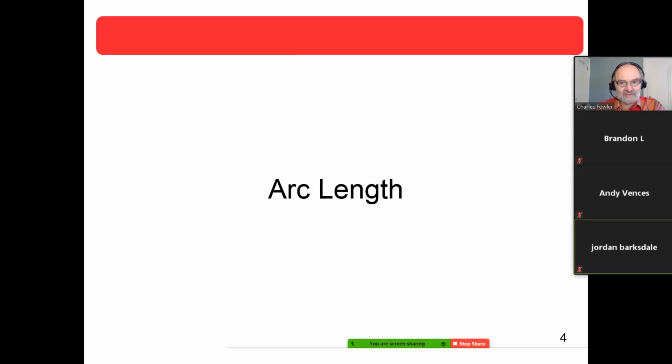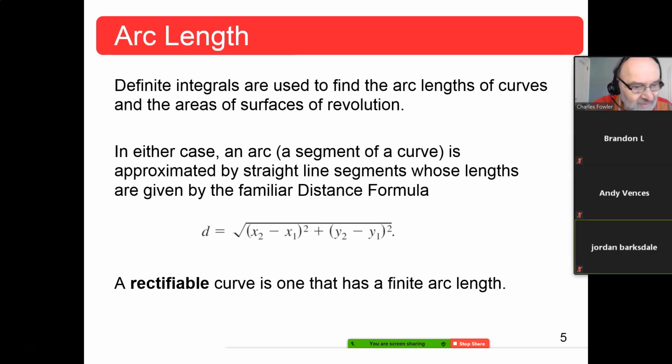We'll start with arc length, and this is, if you aren't there already, Chapter 7, Applications of Integration, 7.4 arc length and surfaces of revolution, on page 474 in your text is where we're beginning.